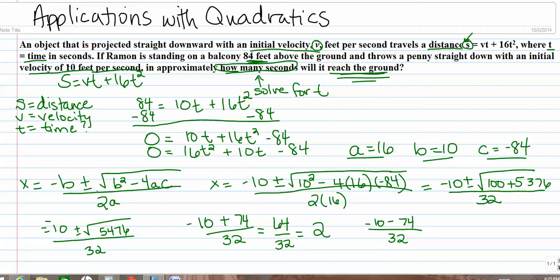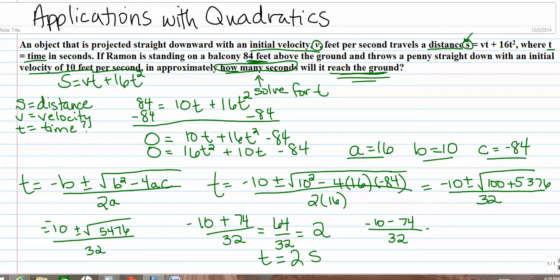So actually here, now that I think about it, it's not x that we're finding. It's t that we're finding, because we're solving for time. So t equals 2 seconds for the penny to reach the ground from 84 feet down to 0 in 2 seconds.